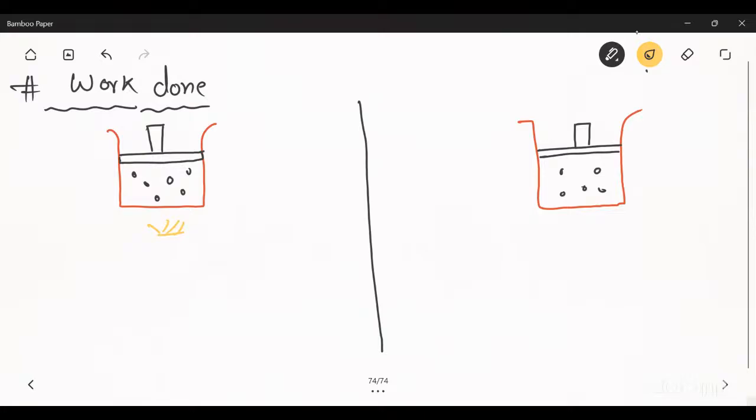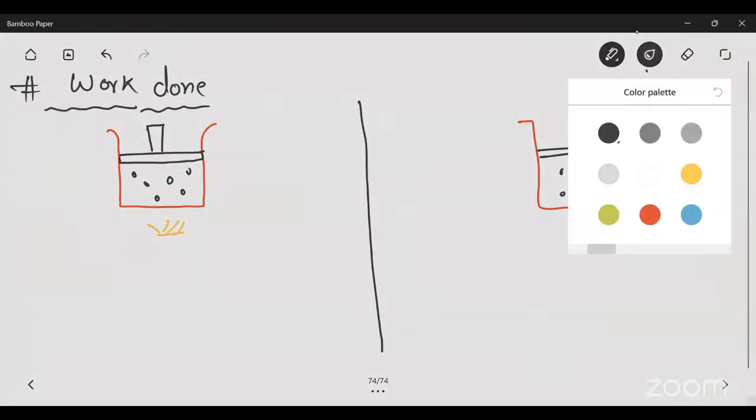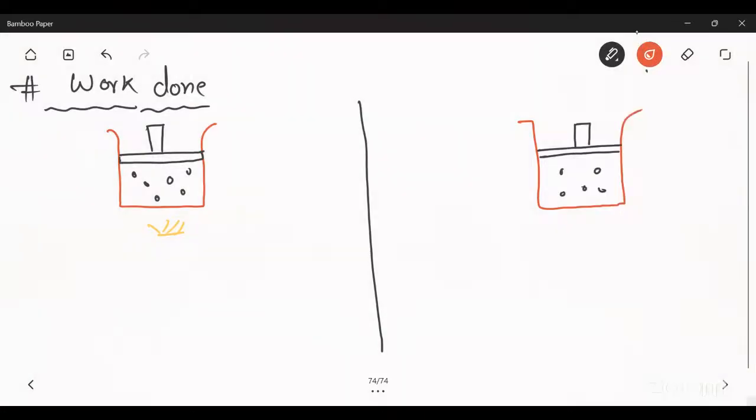On heating, the kinetic energy of the molecules increases, and if the kinetic energy of the molecules increases, they will push the walls toward the upward side because they are moving with a fast kinetic energy. So they will push the piston toward the upward side.